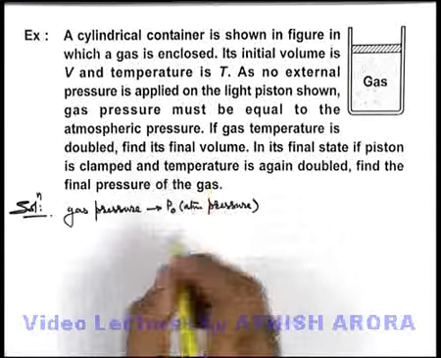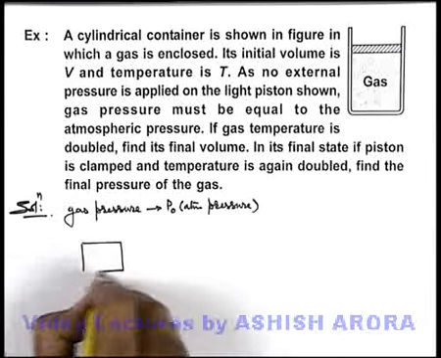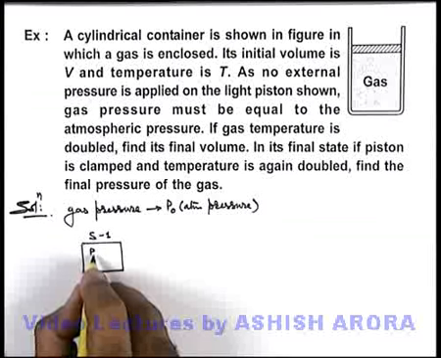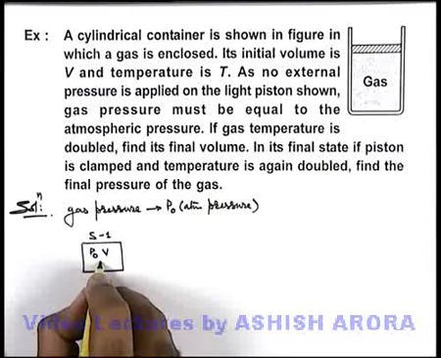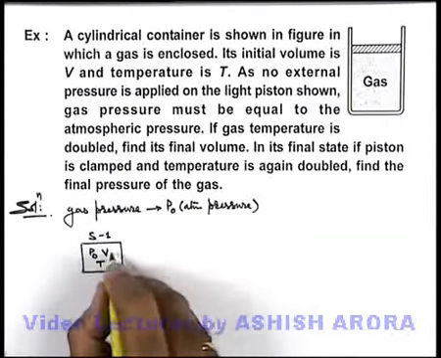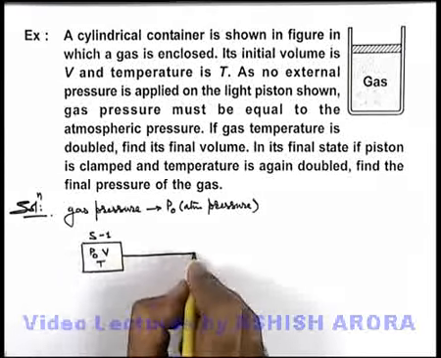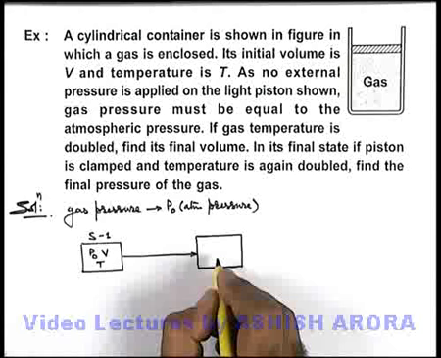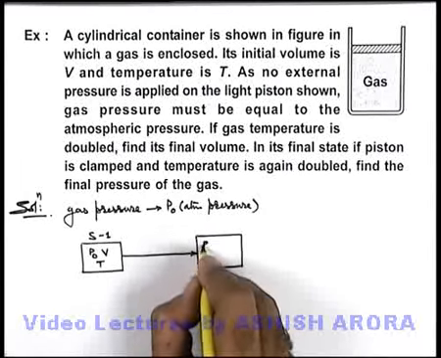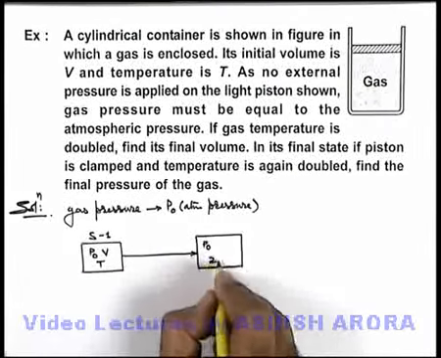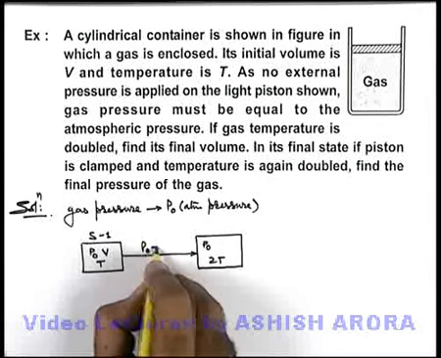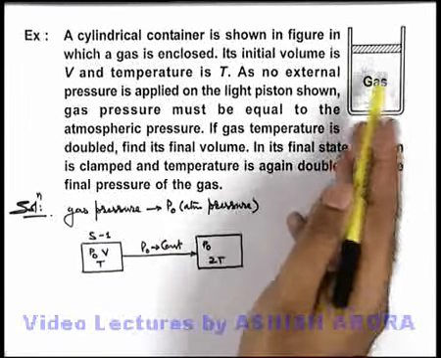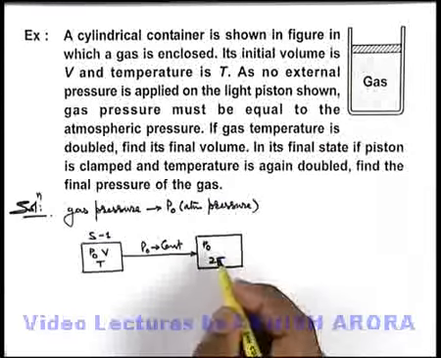If we talk about the initial state of gas, which we can call state 1, we can write the pressure to be P0, volume is V and temperature is T. And keeping its pressure constant, its temperature is doubled to 2T. Here P0 is kept constant. As no external pressure is there, the gas pressure will always be equal to atmospheric pressure.